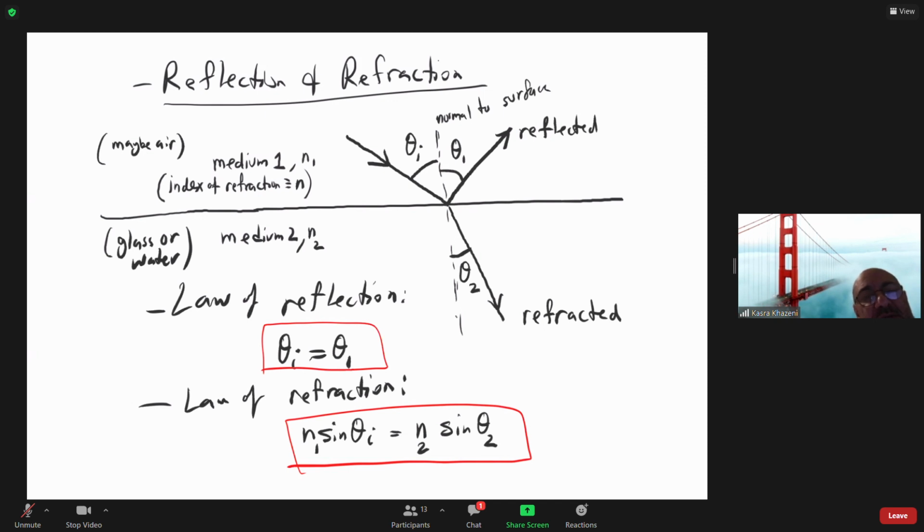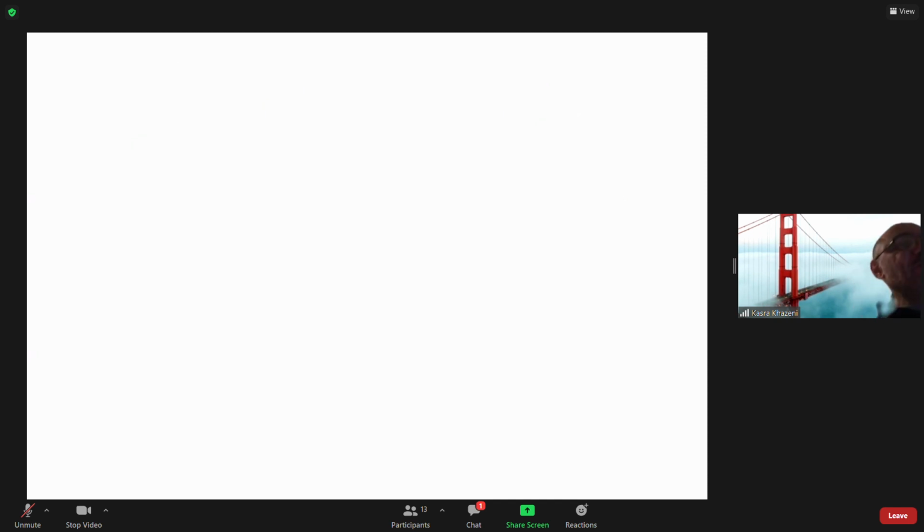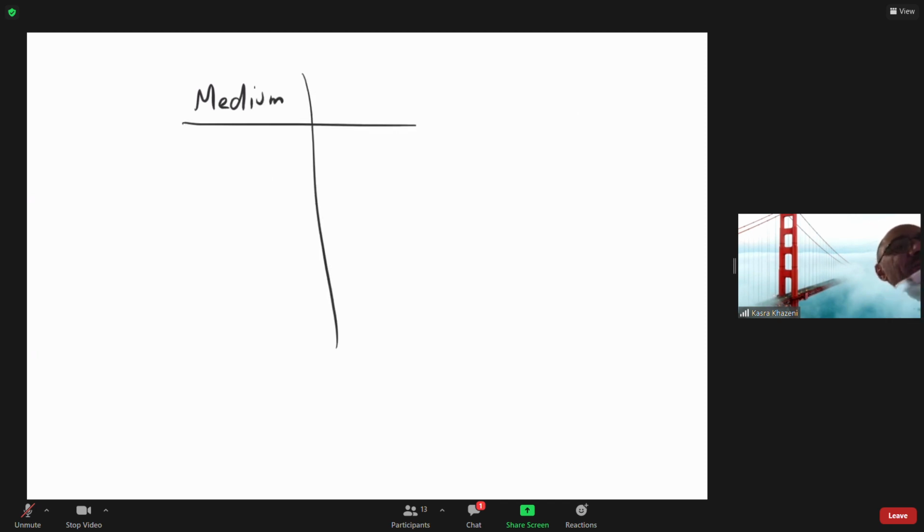Just to give you some physical sense of the index of refraction of different media: vacuum is exactly 1. Air is roughly 1, a little bit larger than 1.